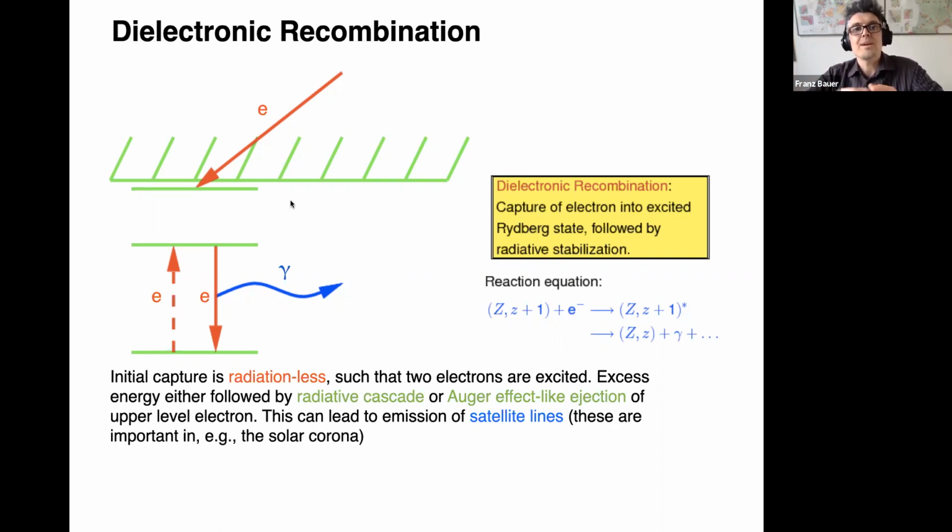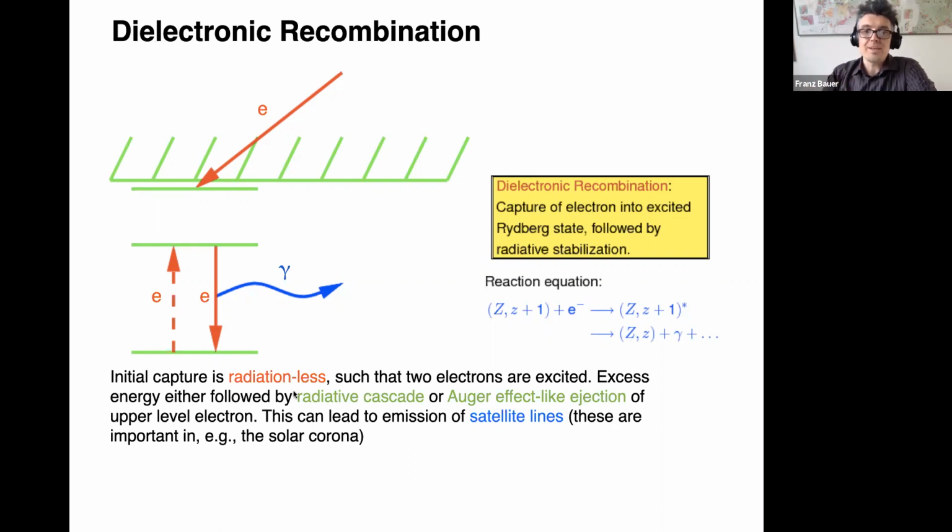This dielectronic recombination is fairly common for astrophysical situations. What you have here is kind of like a delayed response. So the electron pops in, and in doing that, there's some energy involved here. That energy goes to exciting an internal electron, which will then later decay.